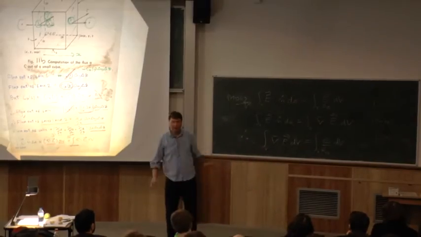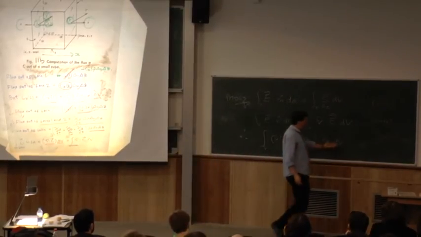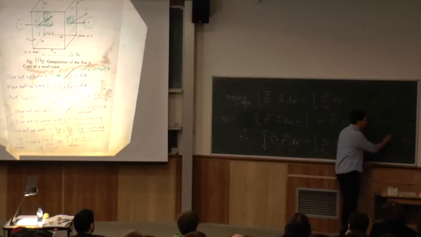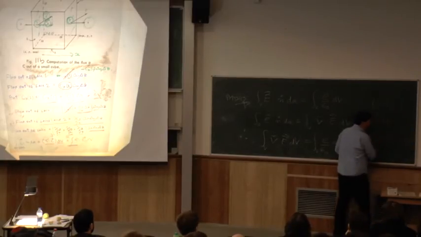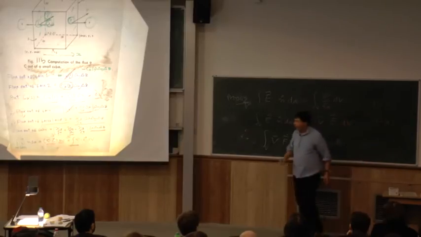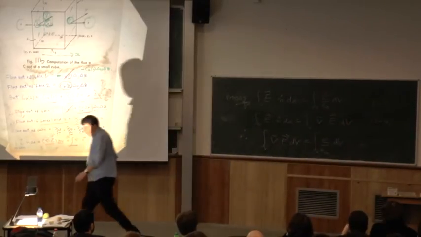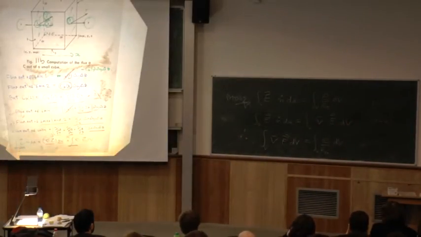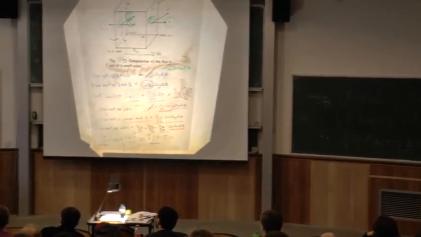If you integrate them over any interval and they're always equal, then the integrands are also equal. Excuse me, there's a bit of chalk dust in the air already, a sign of a new term starting.